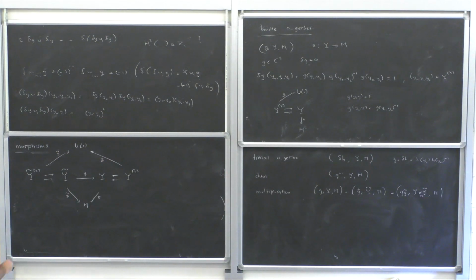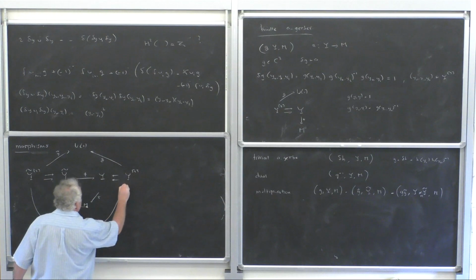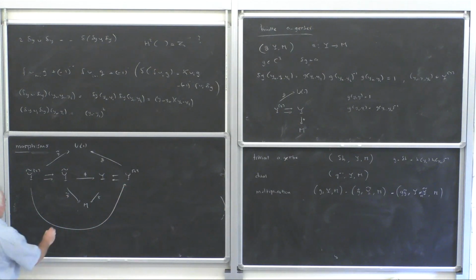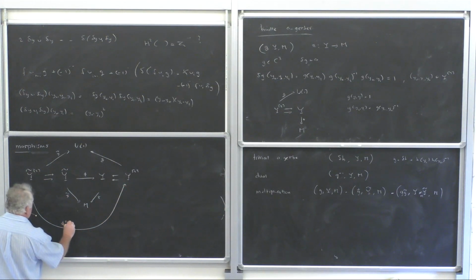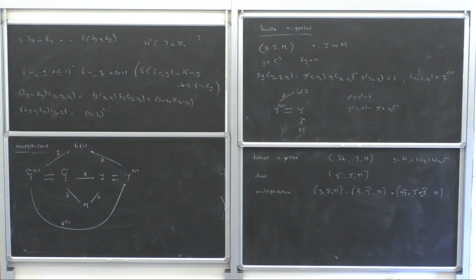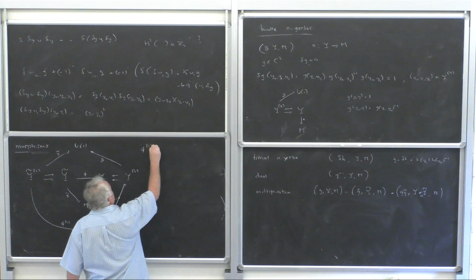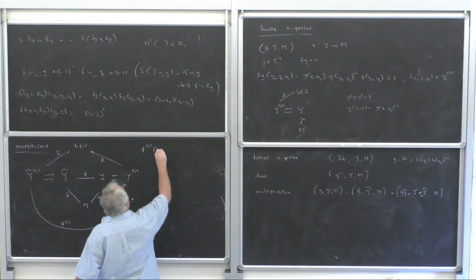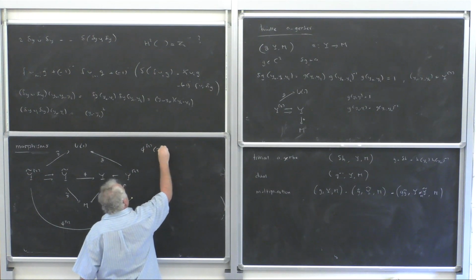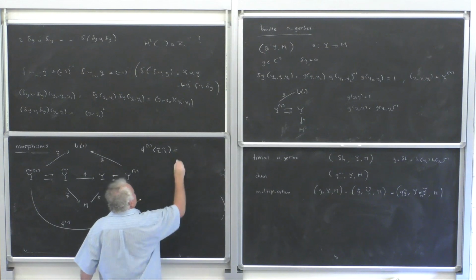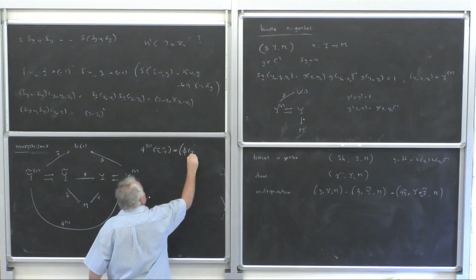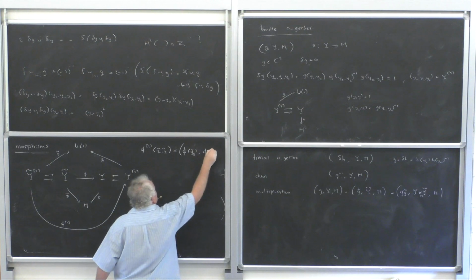And using phi, I can construct a map over here, just by applying phi to each element of the fiber product. So phi 2 on (y0 tilde, y1 tilde) is (phi y0 tilde, phi y1 tilde).